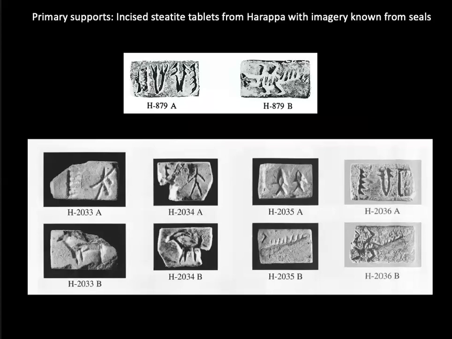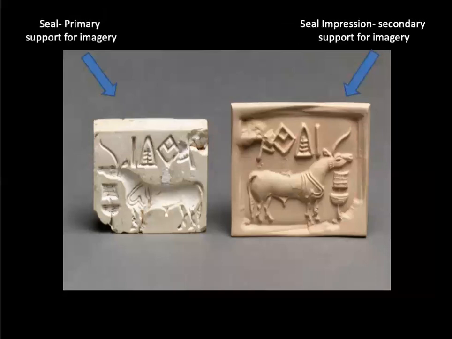Having gone through these, what I really want to talk about today, though, are the impressions, the things we find on the secondary supports. These secondary supports reflect imagery that was originally carved or incised elsewhere and then somehow reproduced, generally through a process of stamping or molding onto them.